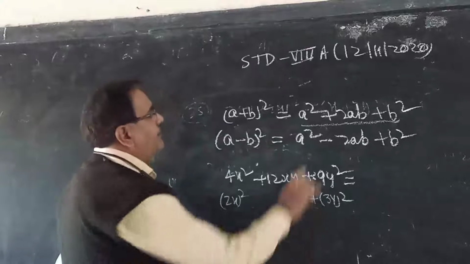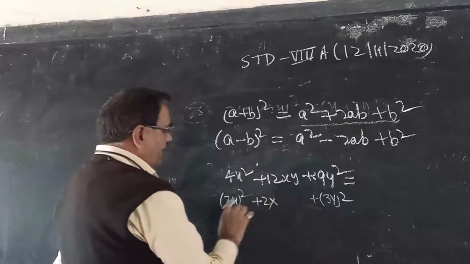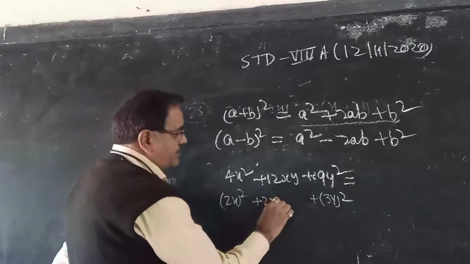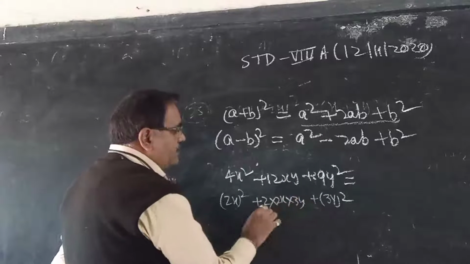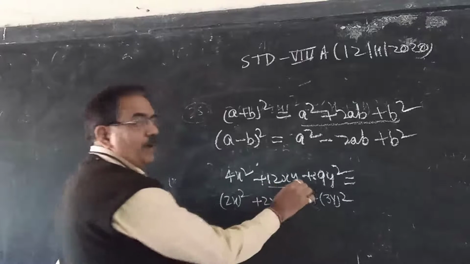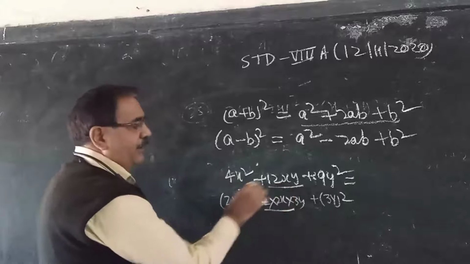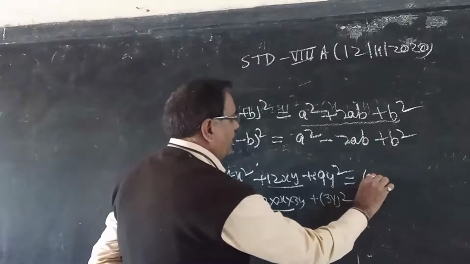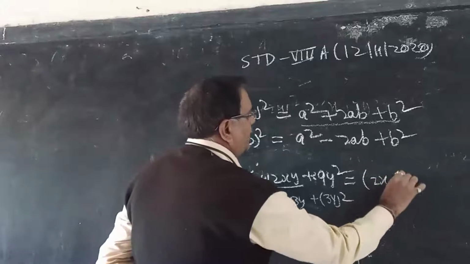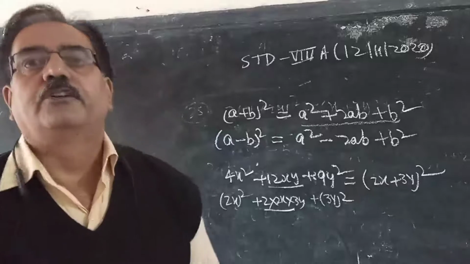In the middle, that is 2ab. So write 2, in place of a there is 2x, in place of b there is 3y. Is it coming 12xy? 2 times 2 times 3 is 12, so it is coming 12xy. It means this question is, in place of a there is 2x, in place of b there is 3y, whole square. Do you follow this one?